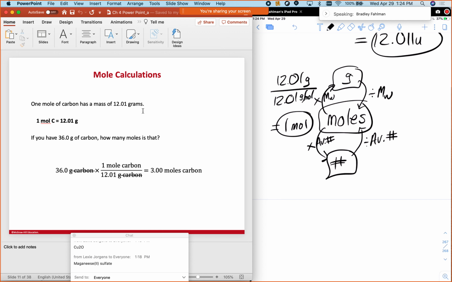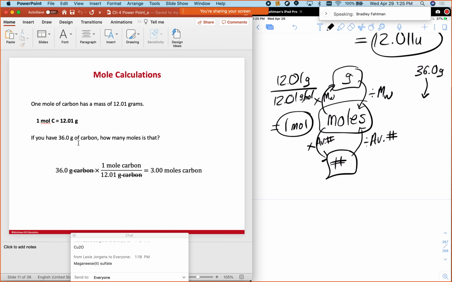If you have 36 grams, you just divide by 12, and that gives you 3 moles. So that's going between grams and moles. And then if we want to know how many carbon atoms are in 36 grams, in that case you're starting here.